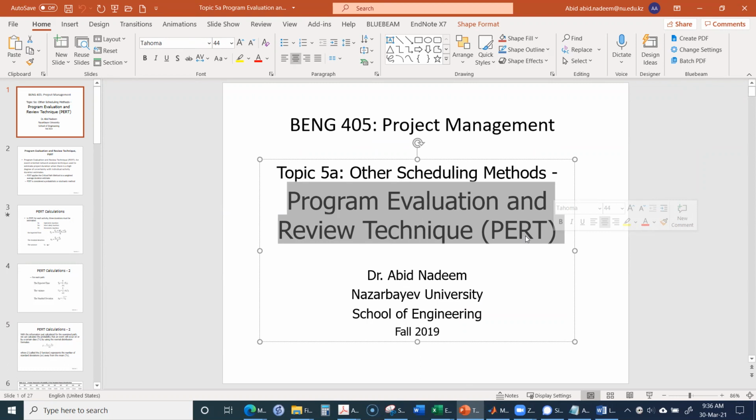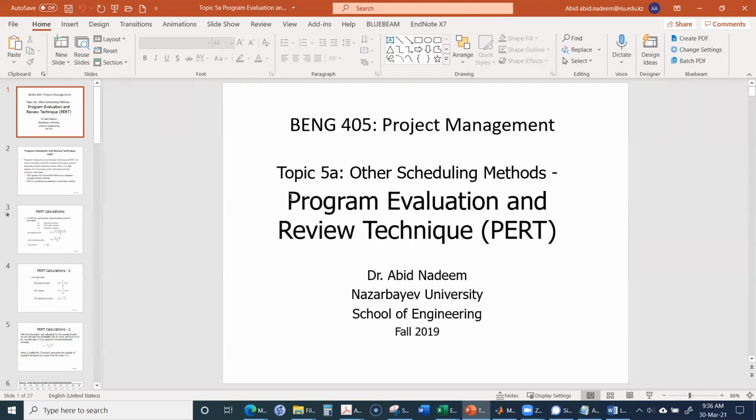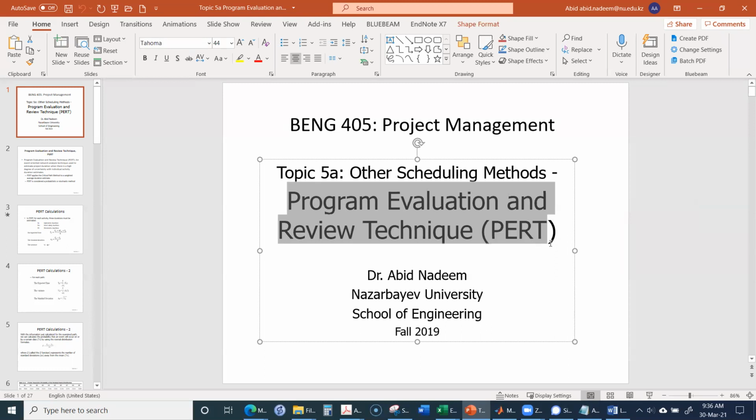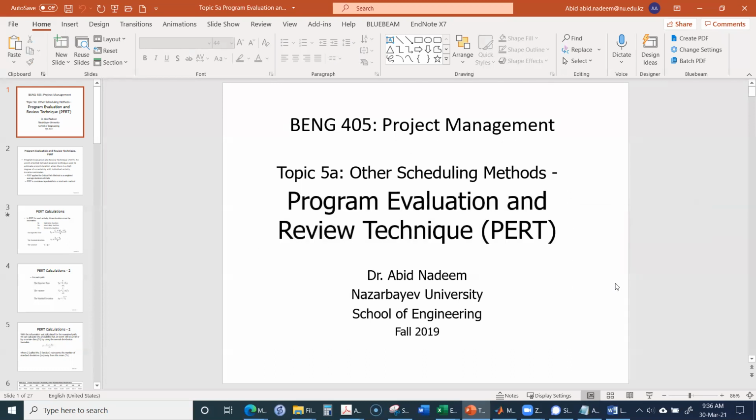For example, in those situations when we are uncertain about the duration of the activities, we will have three types of time estimates for the activities. So we use a technique which is called the Program Evaluation and Review Technique, PERT, for this purpose. Let me explain this technique.